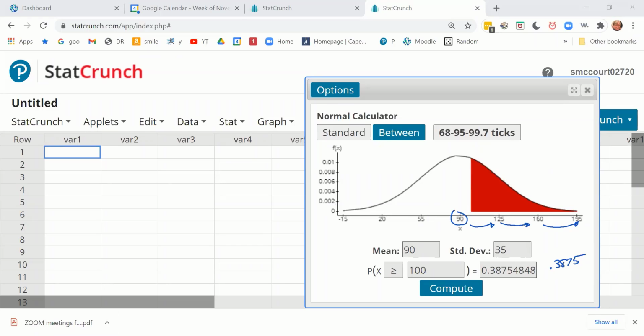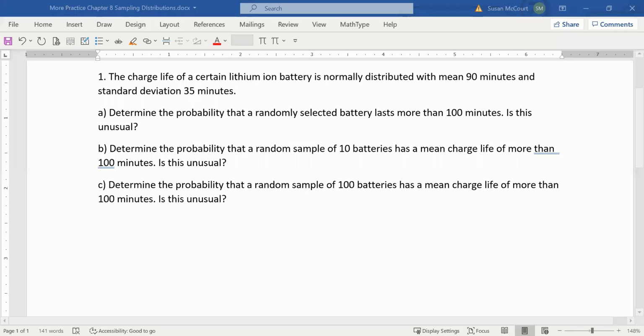So we can go back to our Word file, and we have that the probability that X is greater than 100 is 0.3875.